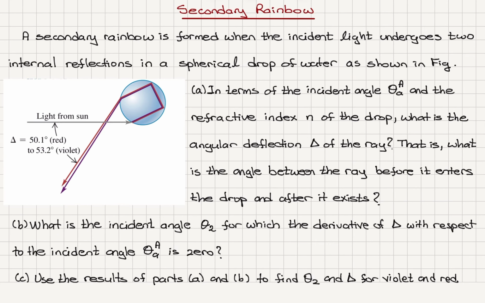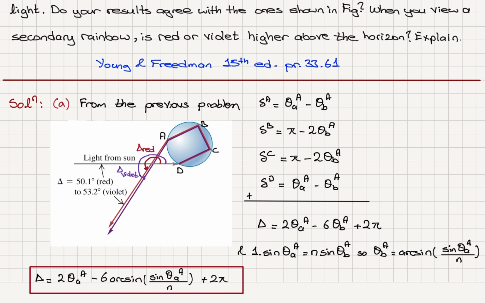Okay, now part B. What is the incident angle theta 2 for which the derivative of the deflection with respect to the incident angle theta A is 0? So we will take this and take a derivative to get the condition for rainbow formation.